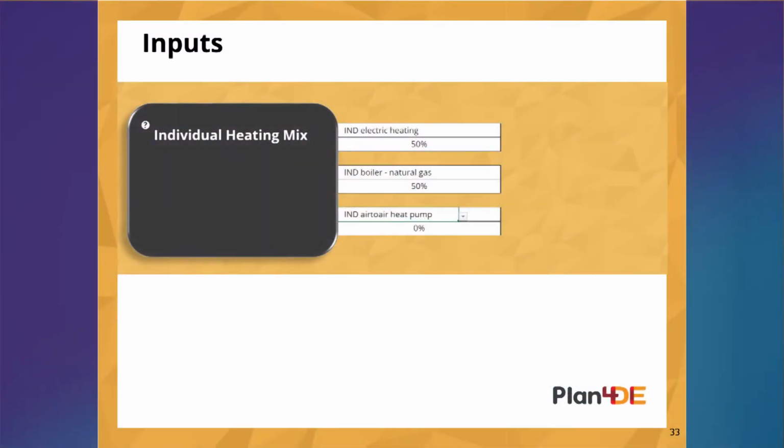And finally, you need to put in your individual heating mix. That's the scenario where you don't have a district energy system, the one that we're comparing the DE scenario to, and you need to tell it what types of technologies are used in the buildings that you have in place.